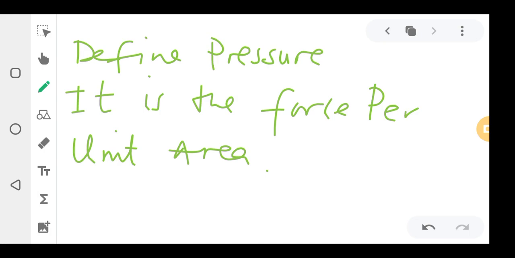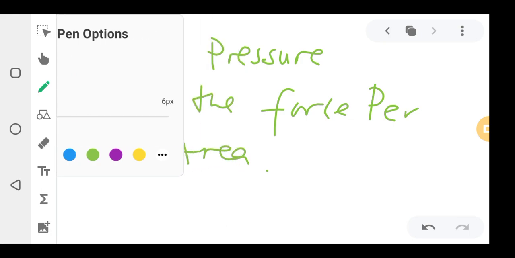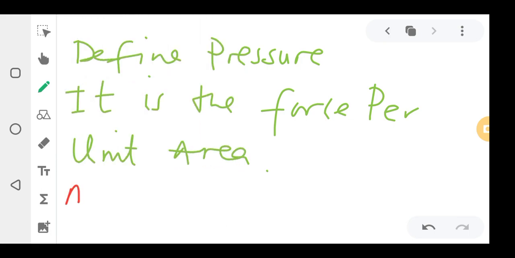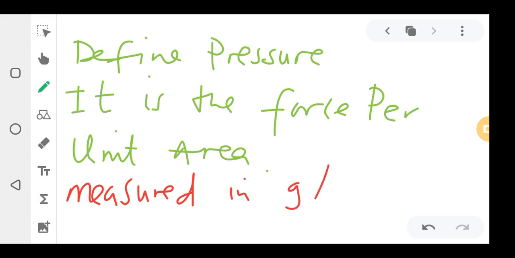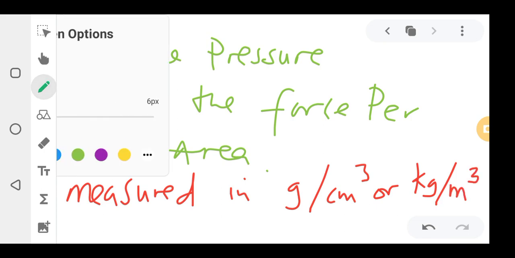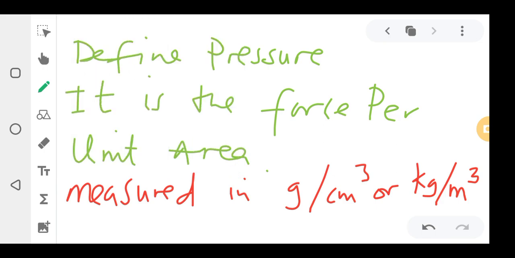It is measured in grams per cubic centimeters or kg per cubic meters. So those are the two units for pressure.